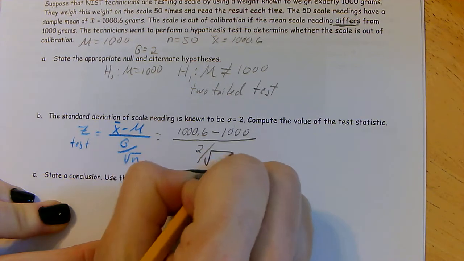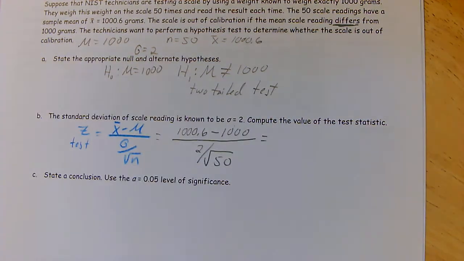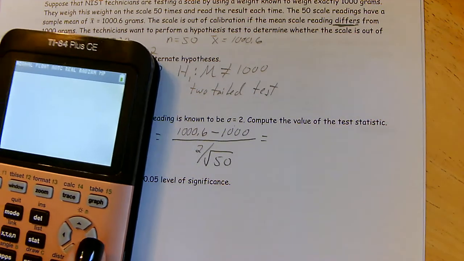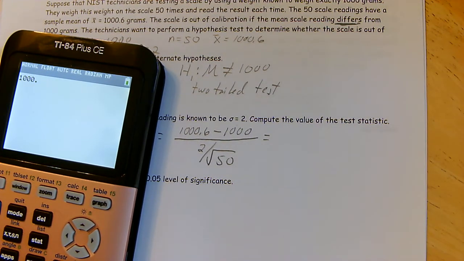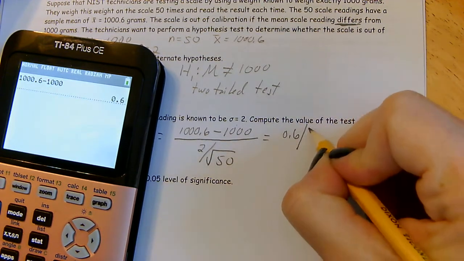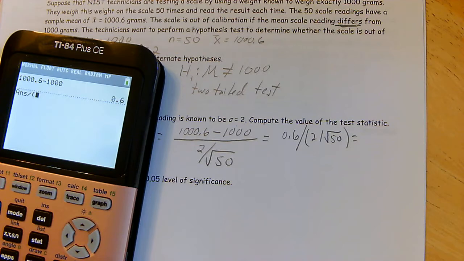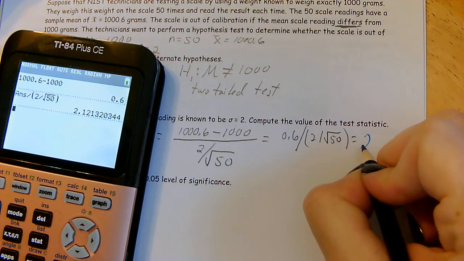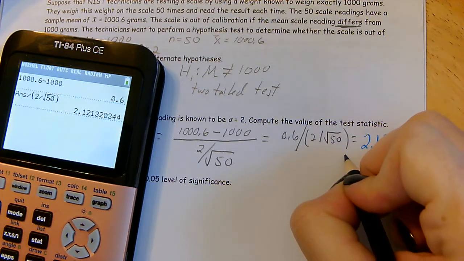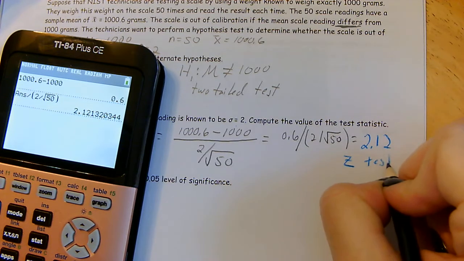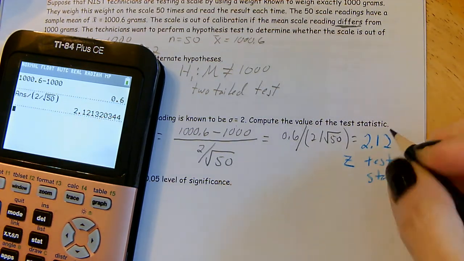Standard deviation of 2, we did this 50 times. I'm going to get my numerator and divide by the entire denominator in parentheses. So 2.12 is my z test stat or statistic.